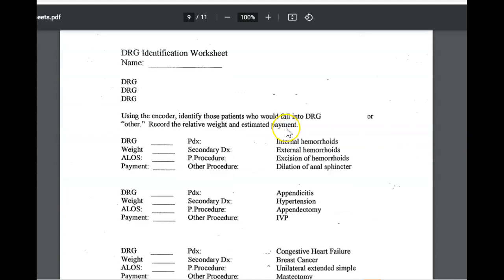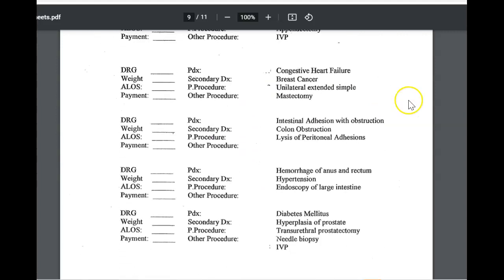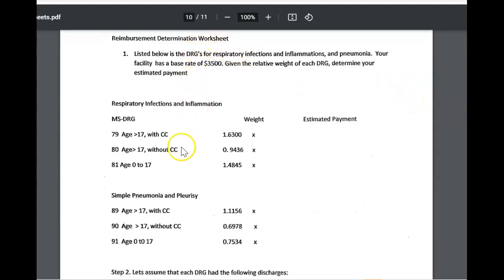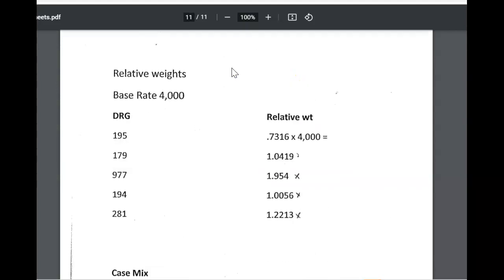All right. There is another worksheet that I'm going to go through, but here is just going ahead and putting in your DRGs. This is not due. This page is not due. Okay. This page here, I'm going to run through, and this is going to help you do this very last page, which is what you are going to have to hand in to get graded.